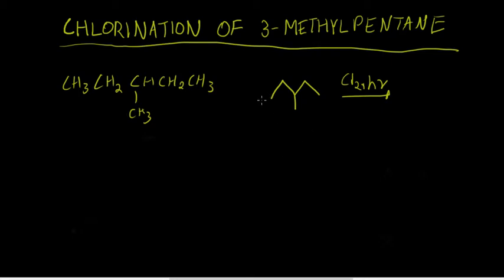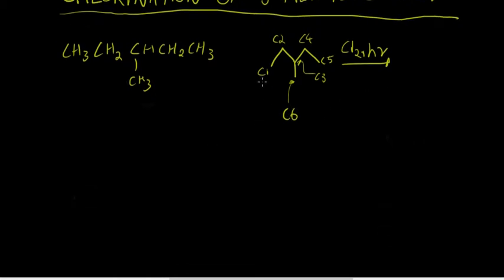So let me go ahead and label the carbons. This is C1, this is C2, this carbon here is C3, this is C4, this is C5, and this carbon here is C6. So you could have chlorination at C1, but hopefully you see that's the same as having chlorination at C5. Either of those will give you this product here.